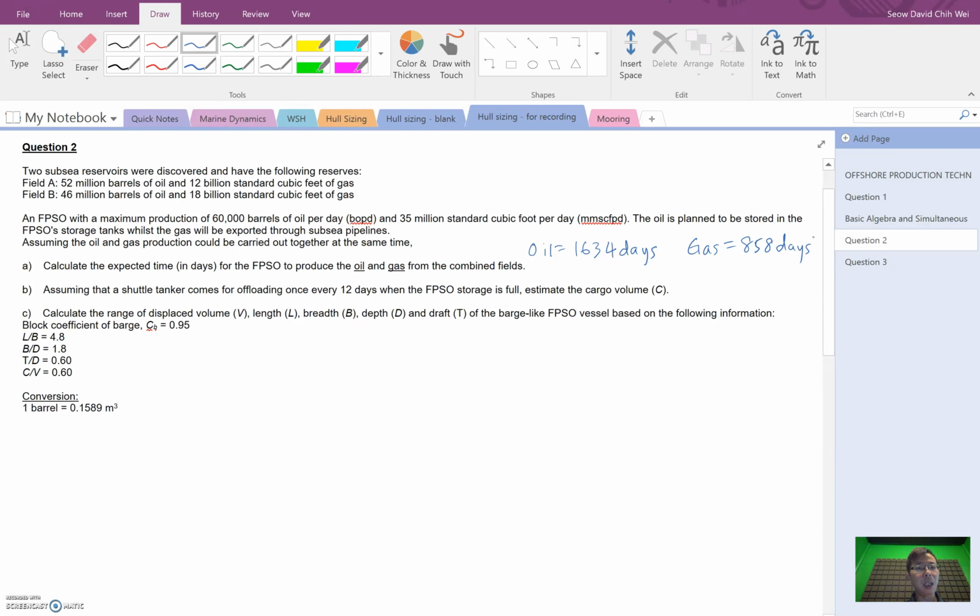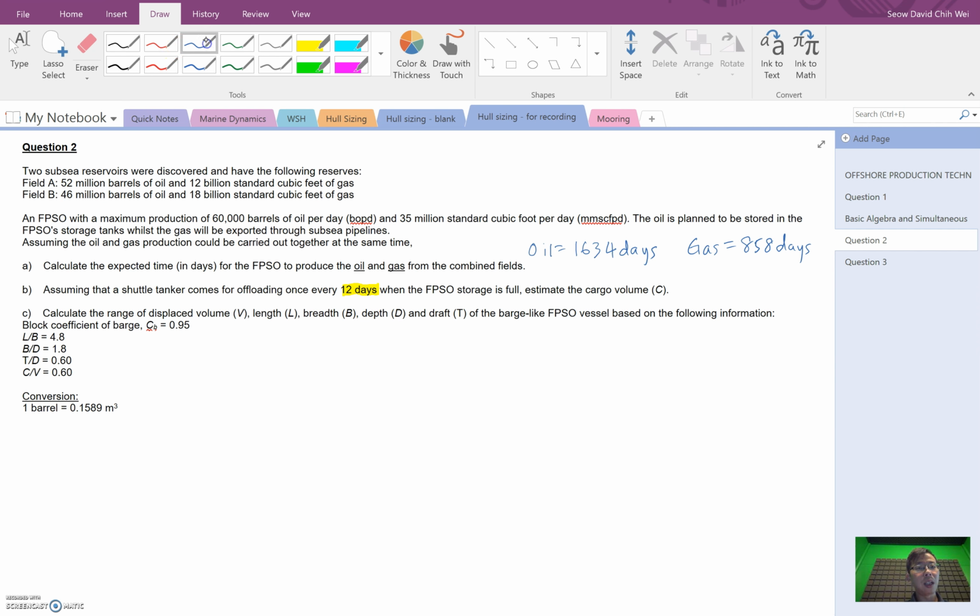And for part B, a shuttle tanker comes for offloading once every 12 days. So there's no speed and distance given. It has already calculated for us 12 days when the FPSO storage is full. So we just need to use 12 days and factor into the total production and then apply the safety factor.